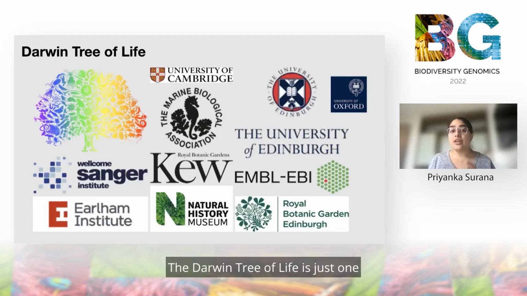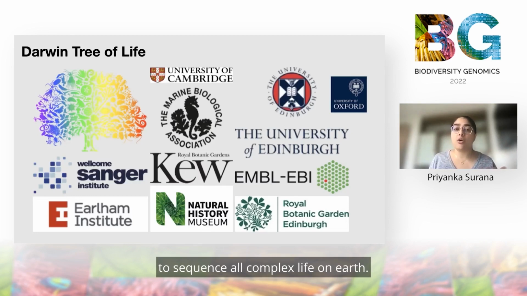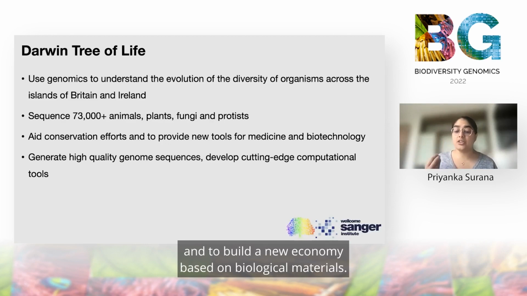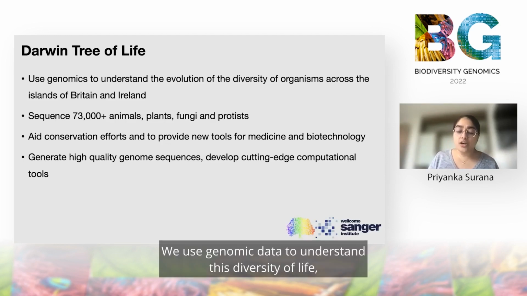The Darwin Tree of Life is just one of several initiatives working towards the goal to sequence all complex life on Earth. This should help in conservation, to understand the interconnectedness of all life, and to build a new economy based on biological materials. We use genomic data to understand this diversity of life.